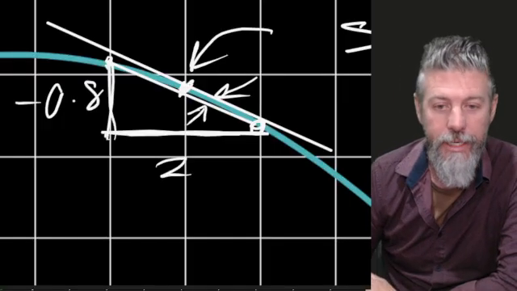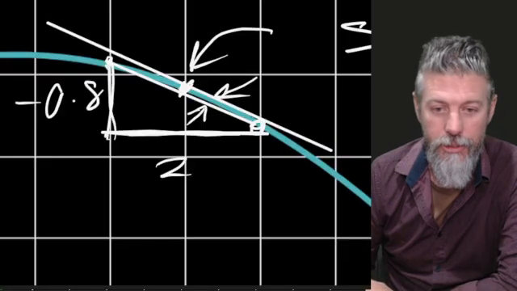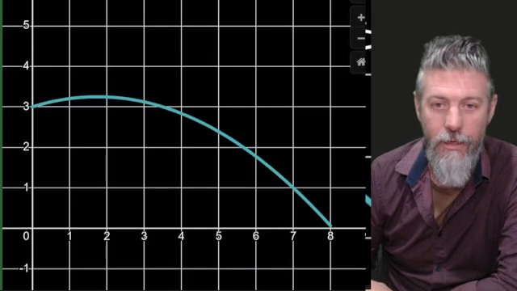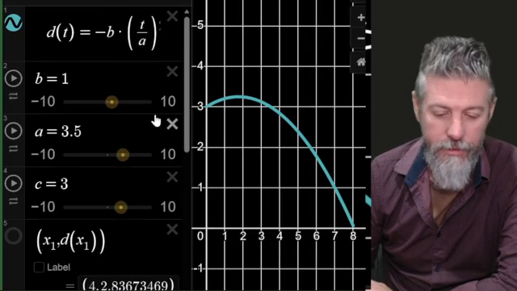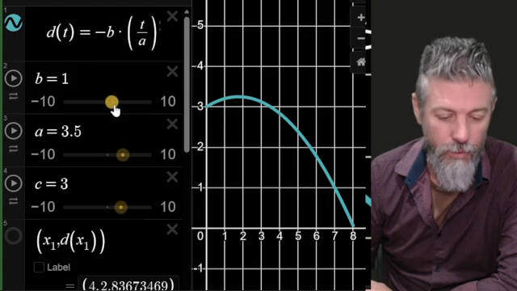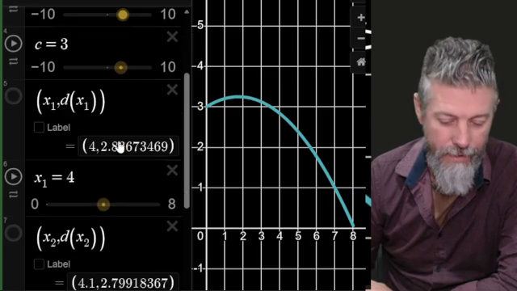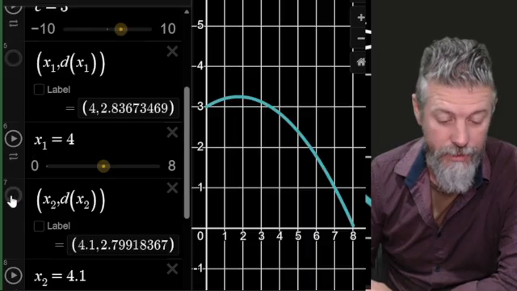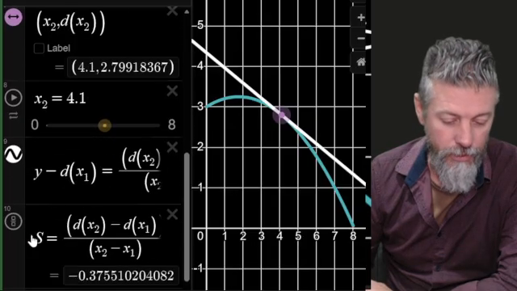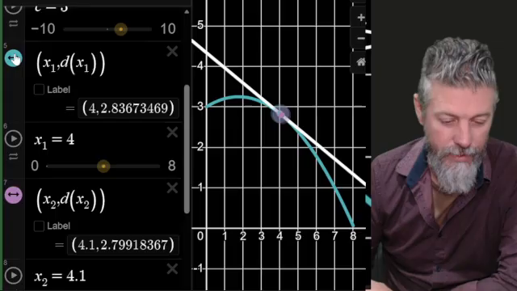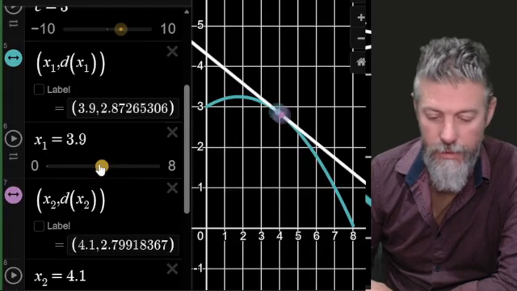Now I've actually made a Desmos version of this graph that we're seeing, and I've created little sliders so we can look at what it would look like by having a couple of points on the graph and getting some sort of instantaneous speed.